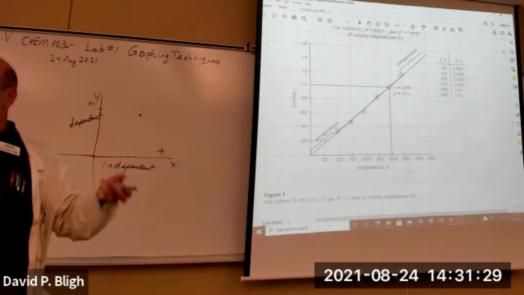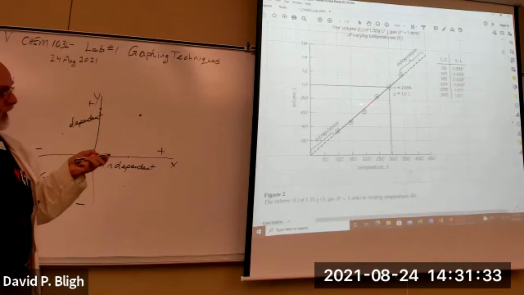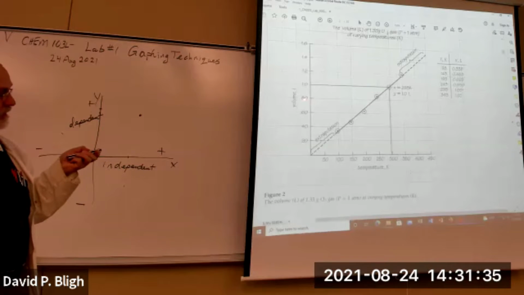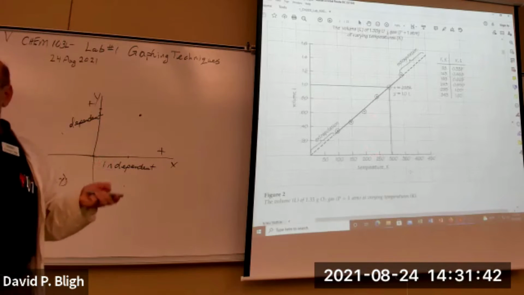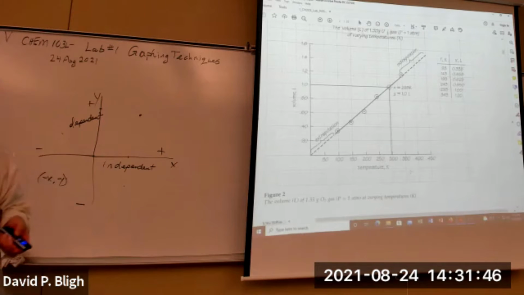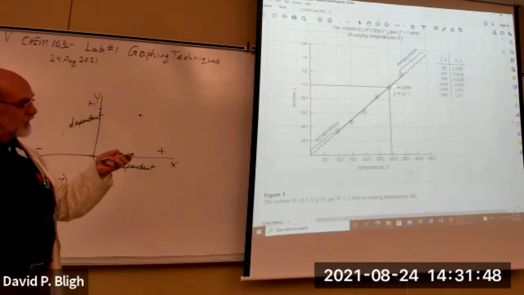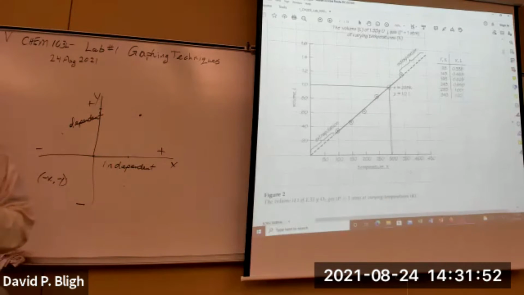But we can use that graph to say, all right, if we want a response of 0.8 for volume, then we go over here, and we should expect to do maybe 225 temperature, K. Right, that K temperature will give you this volume response. Okay, so that's called interpolation.